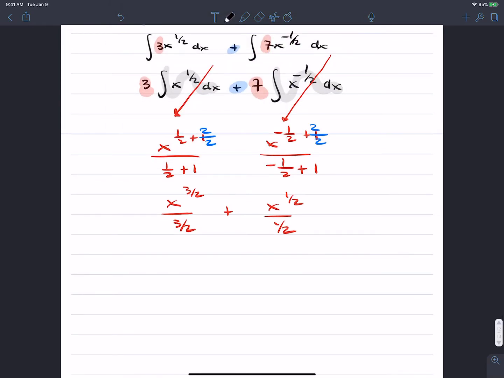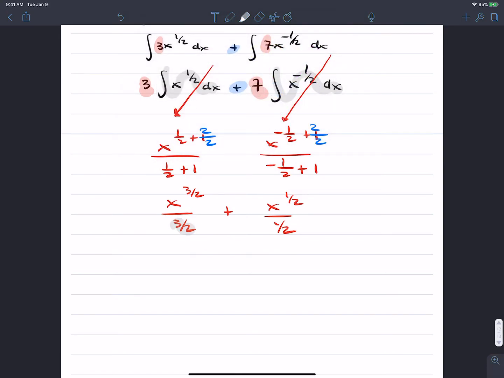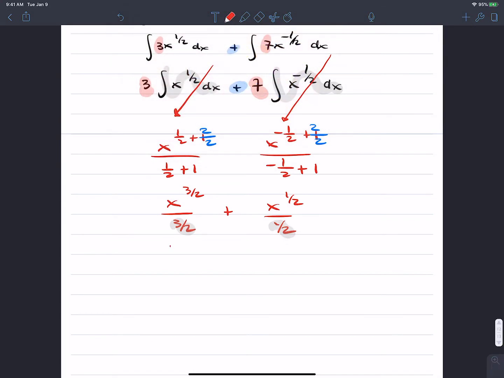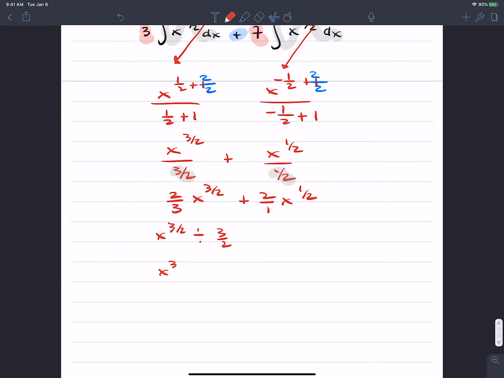But maybe before we do, let's notate. This 3/2, this 1/2, we're dividing by a fraction. So that means we have 2/3 x to the 3/2 plus 2/1 x to the 1/2, because if you want to look at the detail again, this is x to the 3/2 divided by 3/2, which was x to the 3/2 times 2/3.